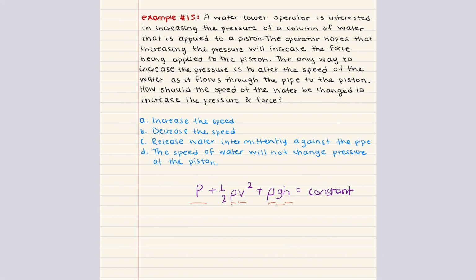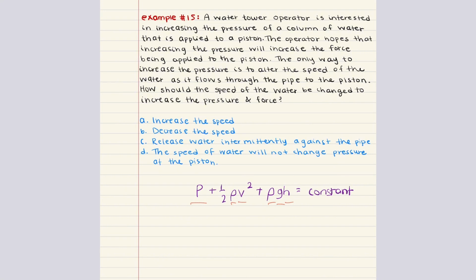In simpler terms, this equation tells us that as the speed of a fluid increases, the pressure exerted by the fluid decreases. And as the speed decreases, the pressure increases, assuming the height remains constant.